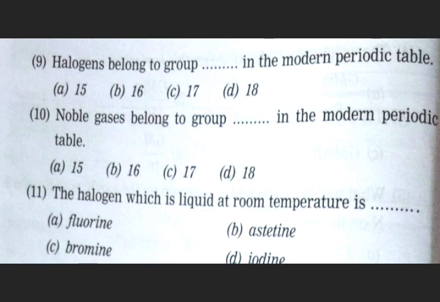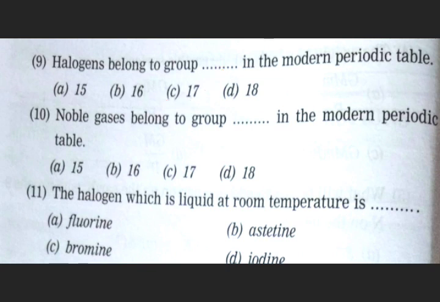Now we will see question number 9. Halogens belong to which group in the modern periodic table? The options are A 15, B 16, C 17 and D 18. So the correct option is C, that is 17, the halogen elements belong to group 17.